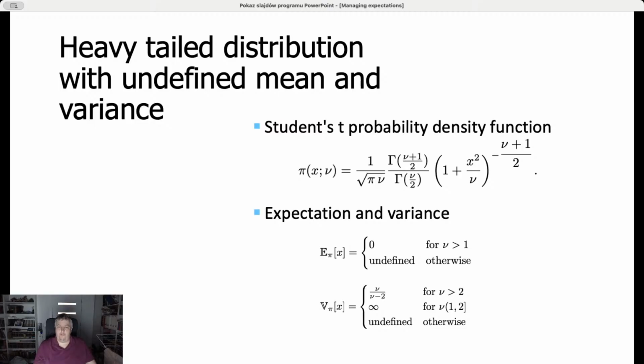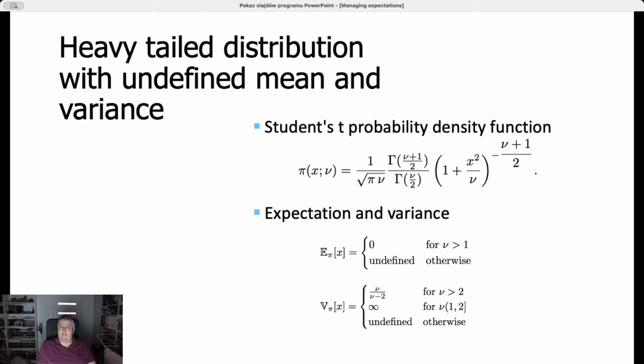There is an option, of course, of scaling the student distribution or changing its central location. So that's not a problem. But for the most basic case, 0 is the expected value. However, for number of degrees of freedom of 1 or less, the expected value is not defined. This integral does not converge. The same is with variance.